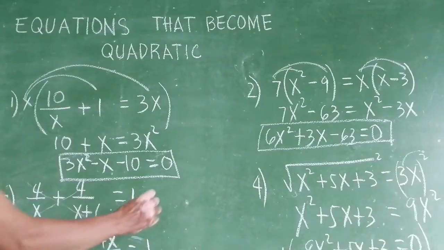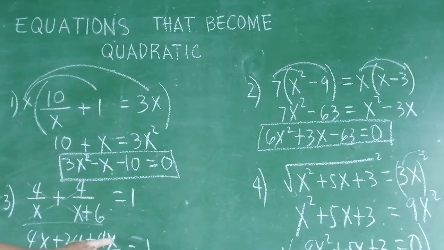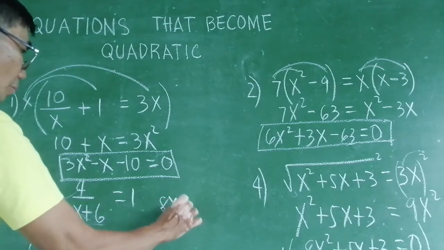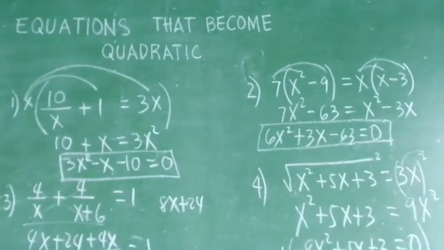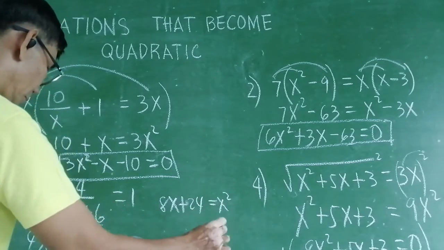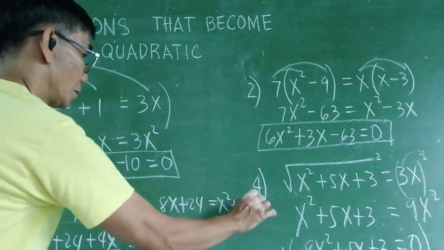So let's just simplify. 4x plus 4x is 8x plus 24 will be equal to x squared plus 6x.